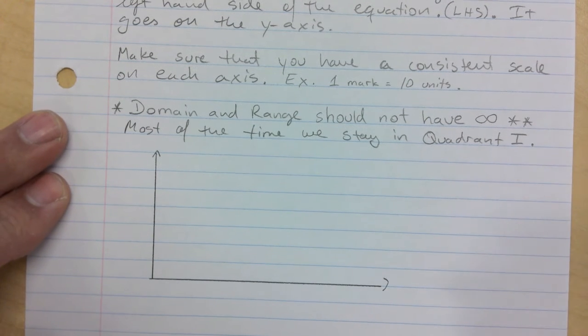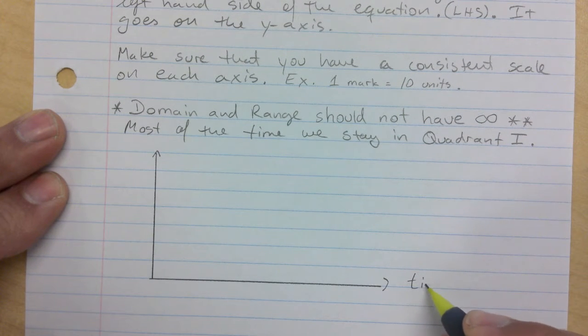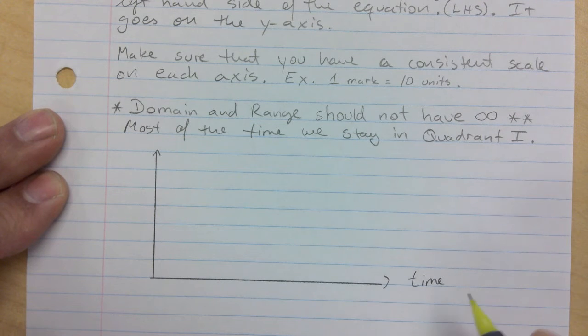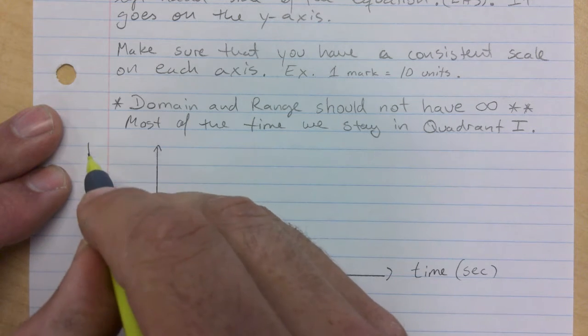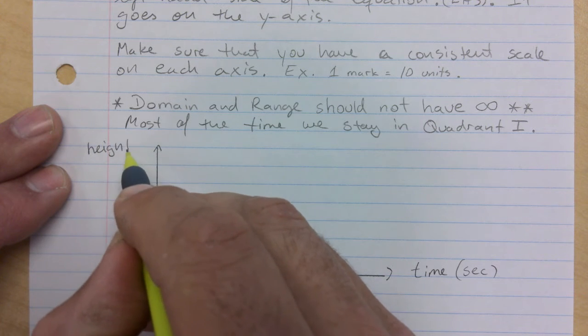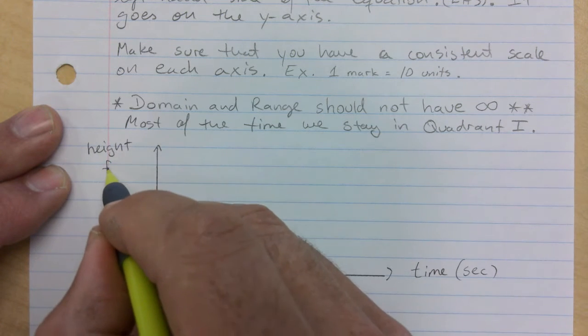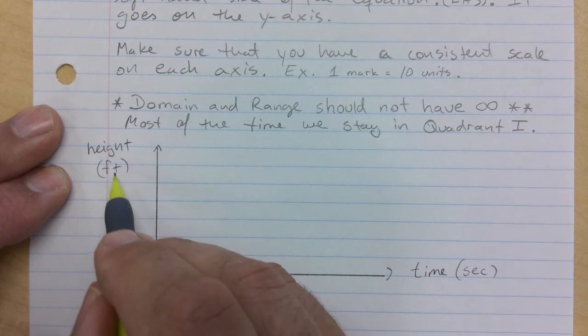And quite often, this is just an example, the x-axis will now be representing the time, and we will also say what the units are. In this case, time in seconds, okay? It could be minutes, it could be hours, it depends on the scenario. And this would be the height, let's say. And it could be meters, it could be various units.